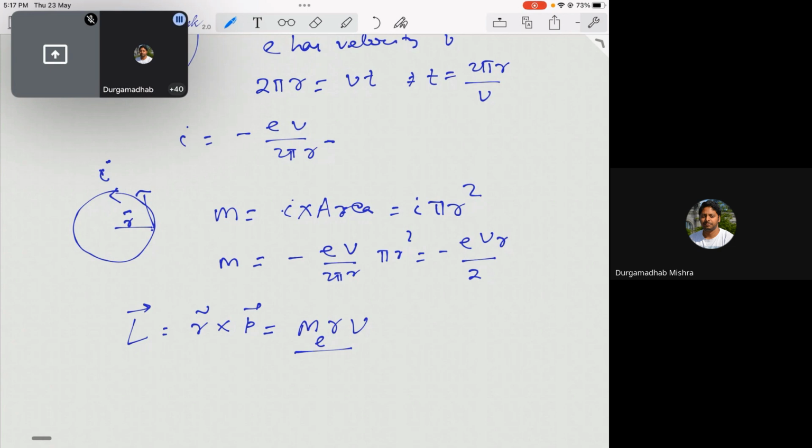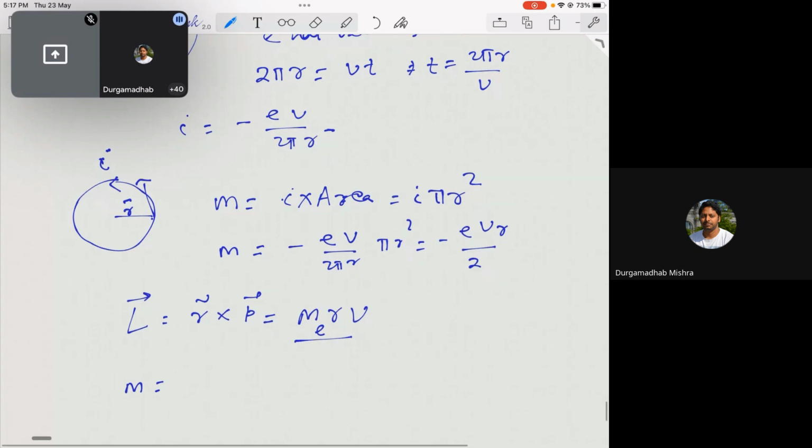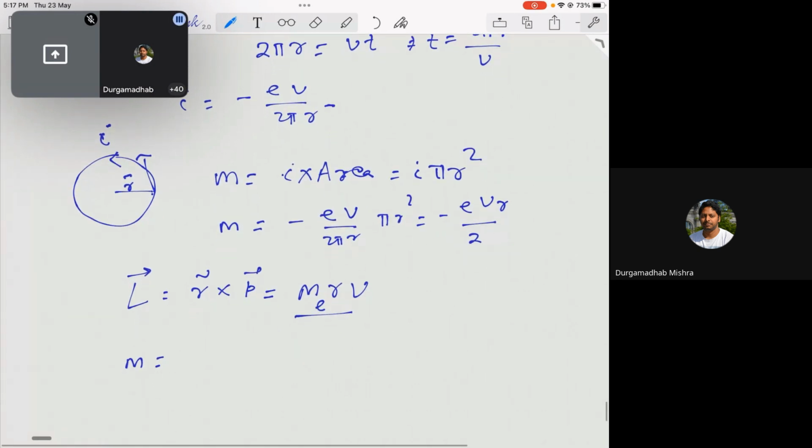So we can then write the magnetic moment in terms of the orbital angular momentum. We have the magnetic moment as minus e v r by 2.